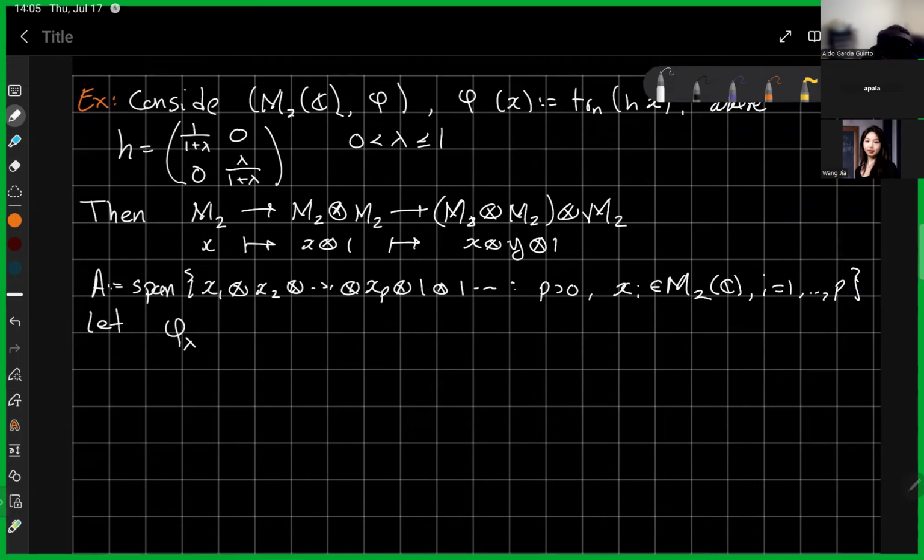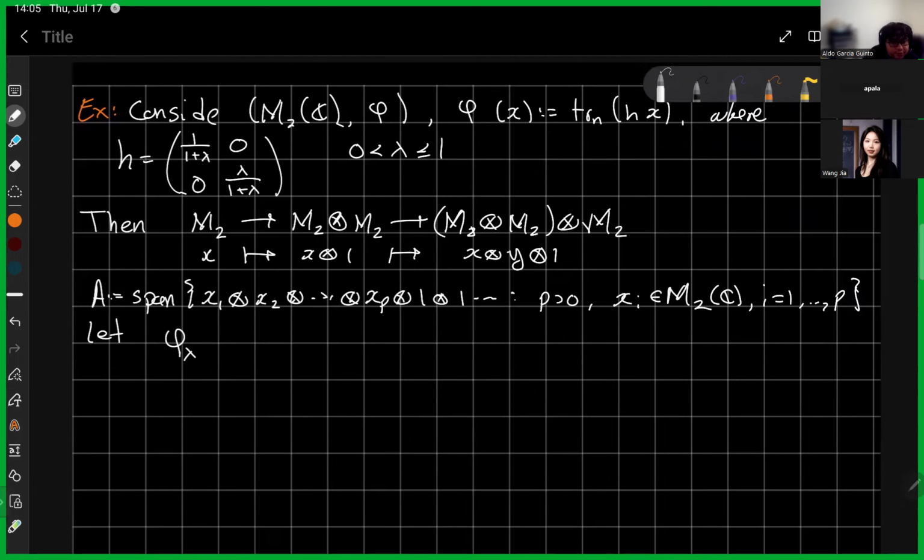Then phi is going to be equal to phi of x_1 tensor x_2, it's just the product of all of them, phi of x_i, i from 1 to p.